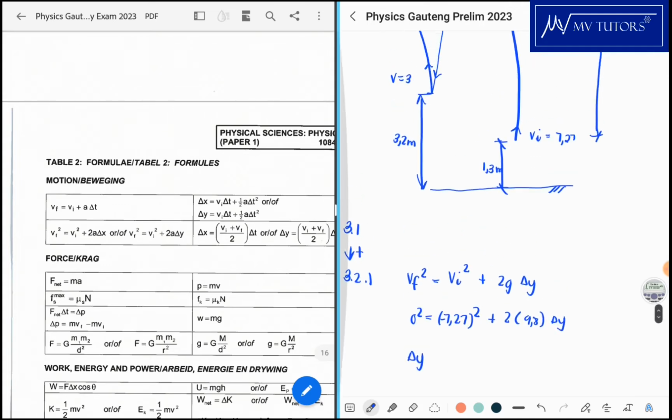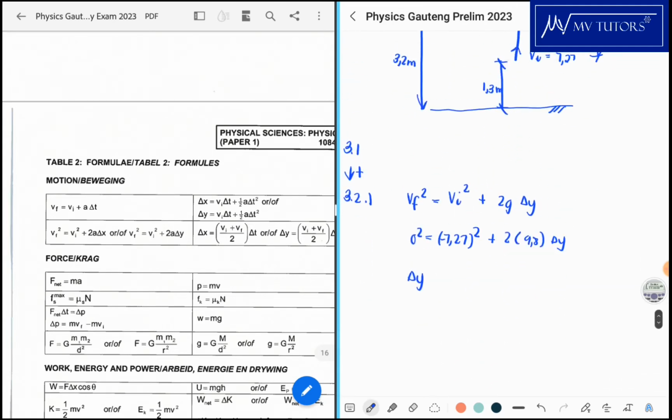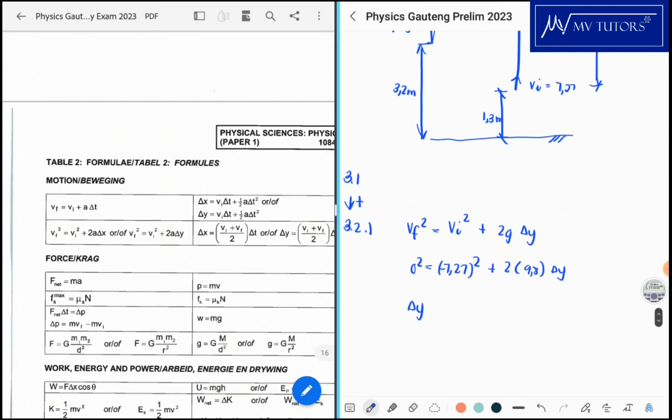Because it's moving upward in this first part of its motion, the delta y that we're going to calculate is going to be negative, because we're taking downwards as positive. So we're going to have negative 7,27 squared, divided by 2 times 9,8.